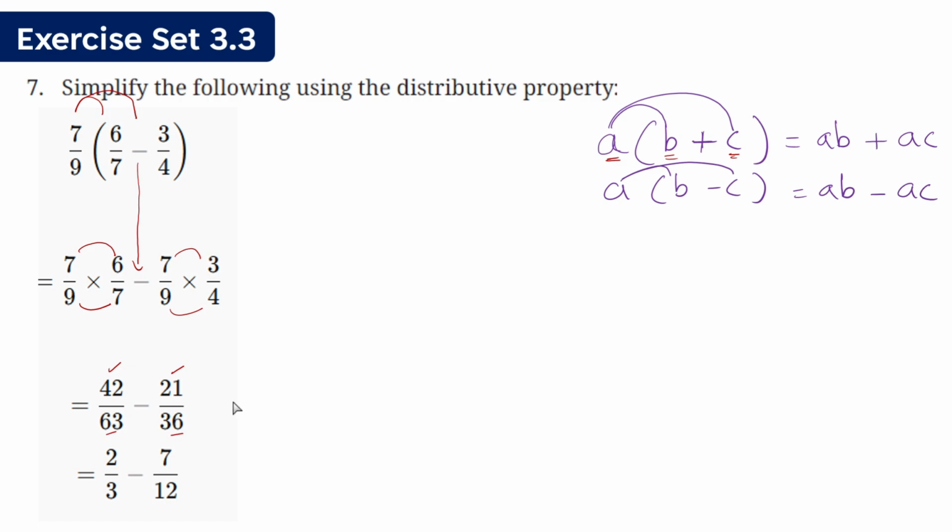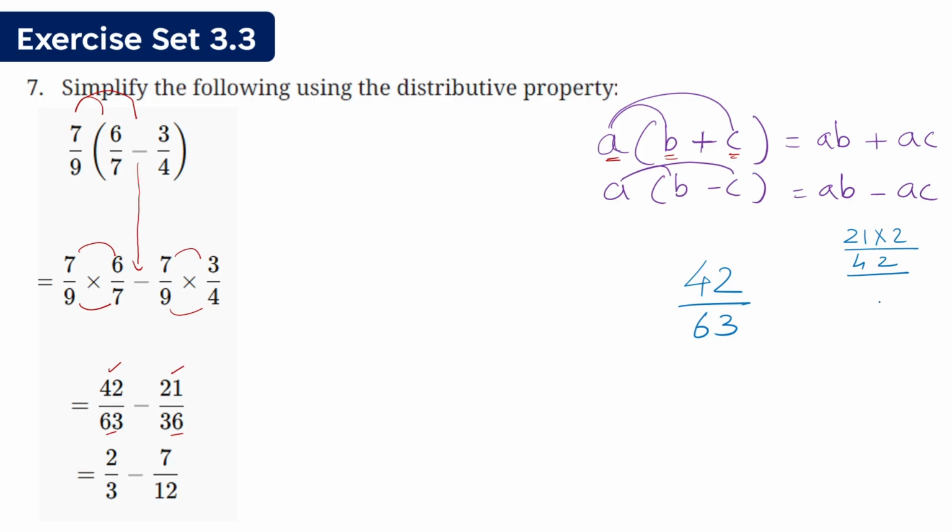We have to simplify these fractions. You could see that 42 over 63. What could be possible a factor which would divide both of these numbers? Let's try with 21. 21 times 2. 2 times 1 is 2 and 2 times 2 is 4. Yes, it works with 42.